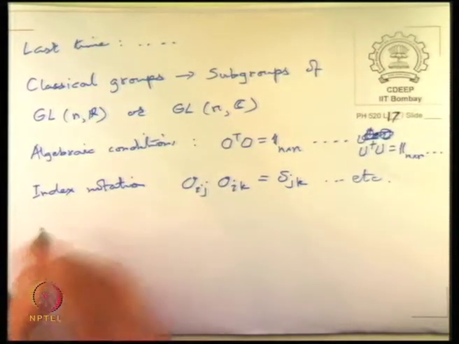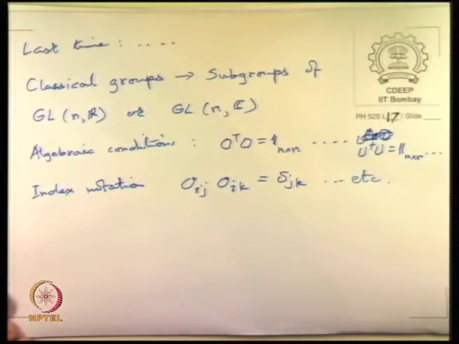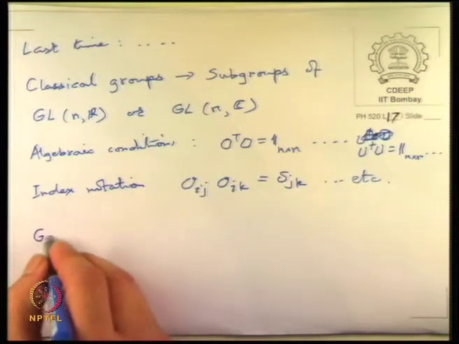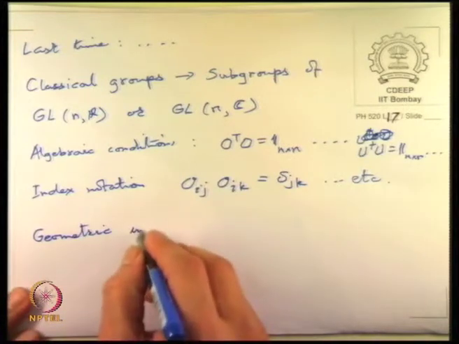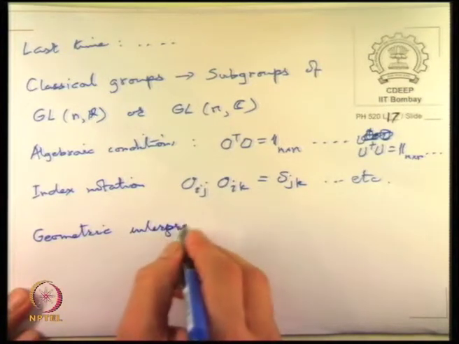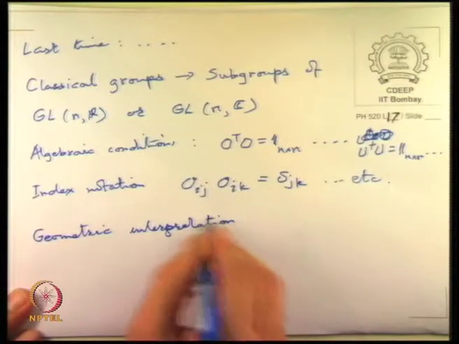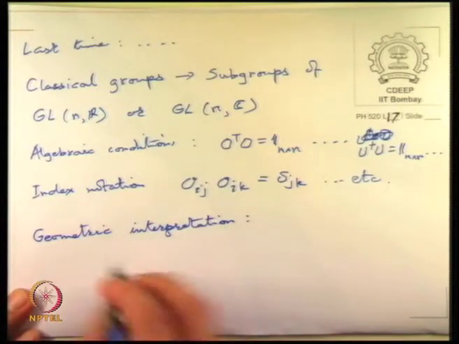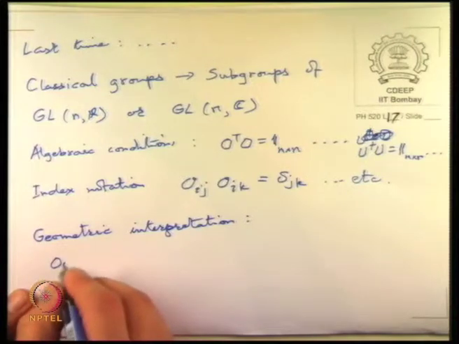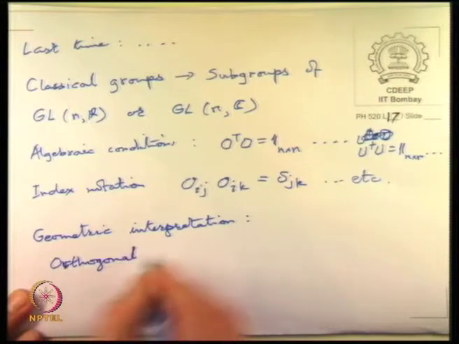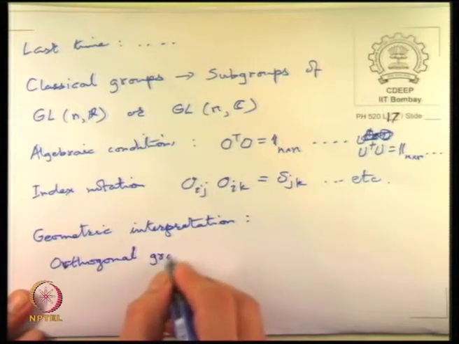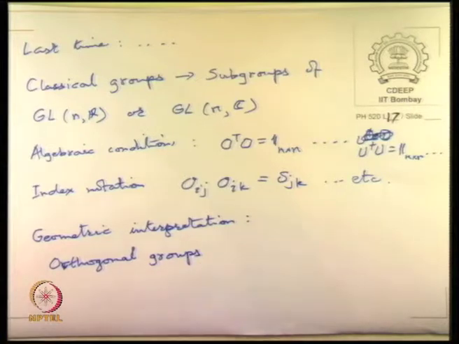And most interestingly, we also had a geometric interpretation, which is that for orthogonal groups they preserve the Pythagorean metric.